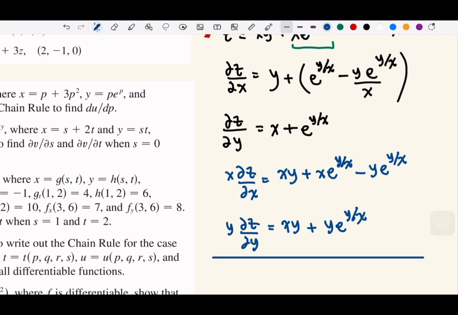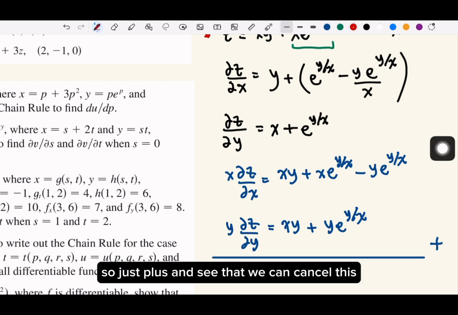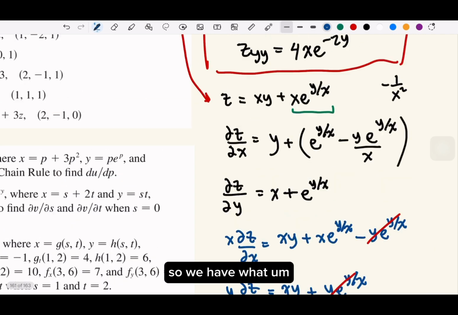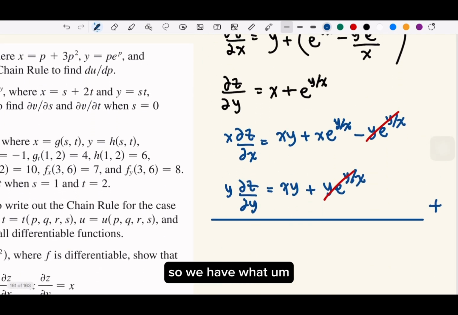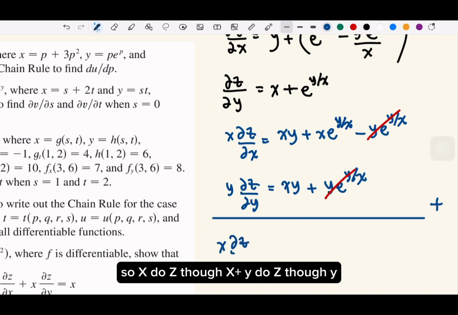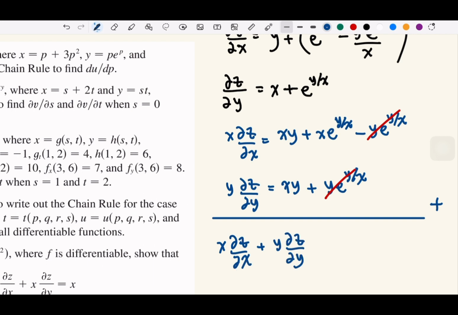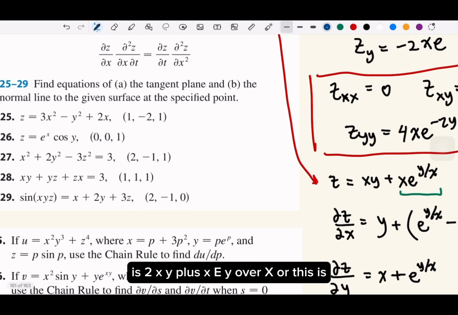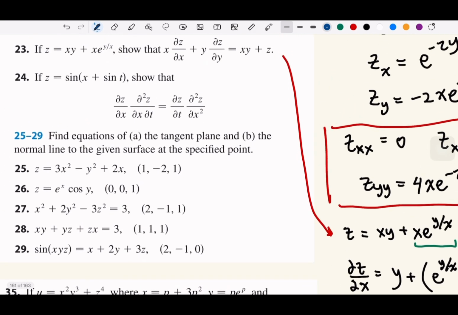So just plus, and we see that we can cancel this. So we have what? x ∂z/∂x plus y ∂z/∂y is 2xy plus x e^(y/x).